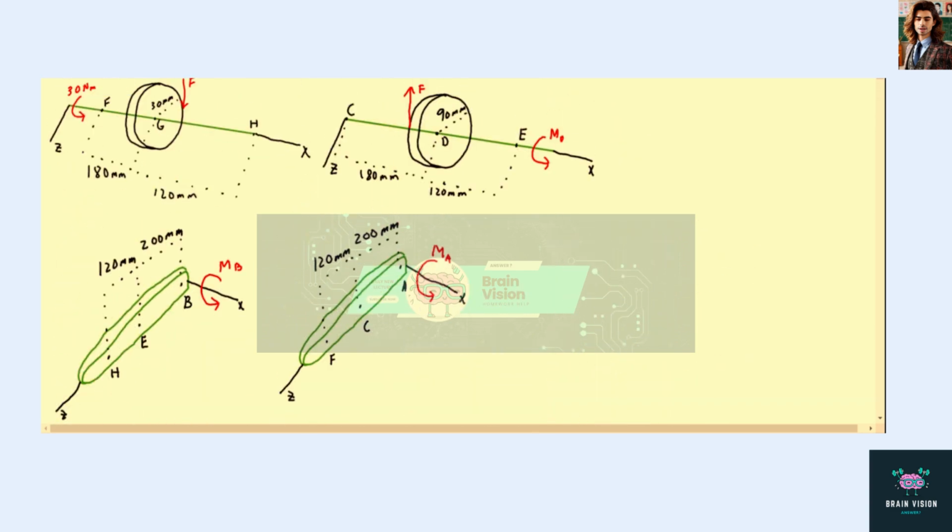So next we're going to work with the other cog. We're going to work with this free body diagram now and solve for m naught.